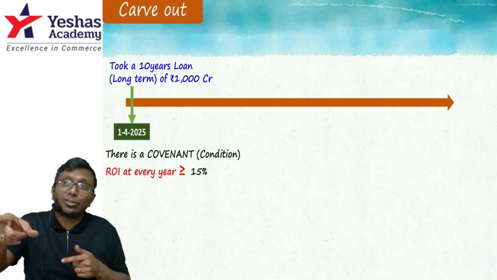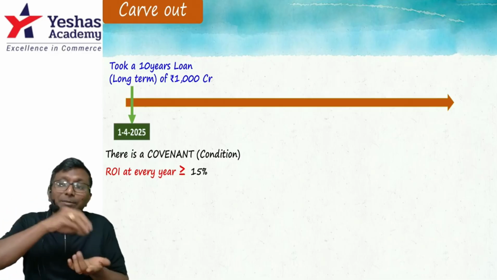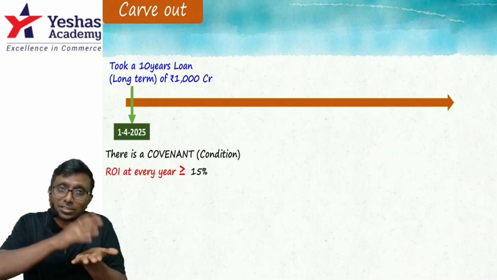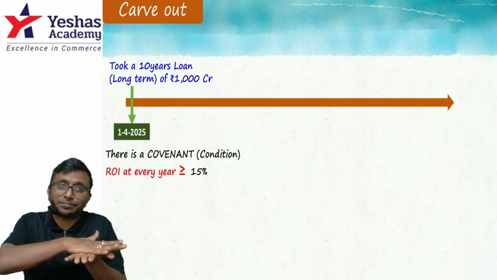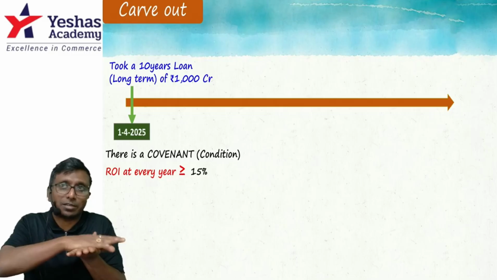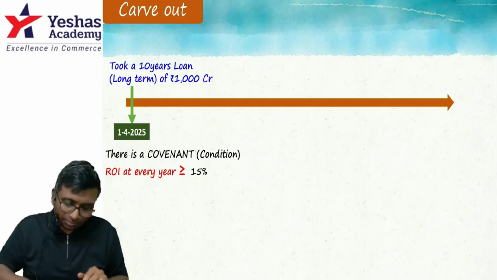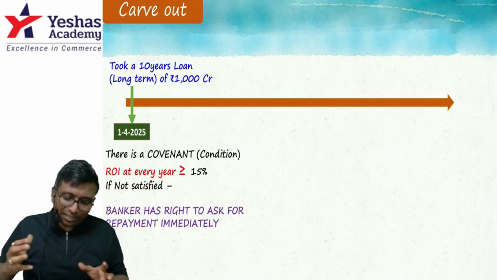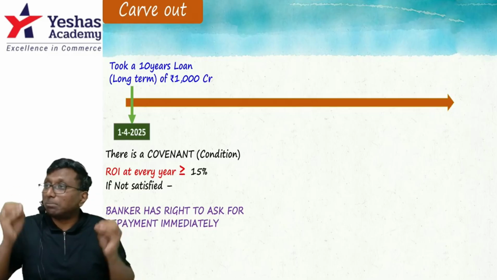If he gets the right to ask, then my liability will become current or non-current? Suppose I made 17%, then it is correct. I made 14%. Are you clear on this? Perfect. Now listen. If it is not satisfied, the banker or lender has a right to ask for repayment immediately.